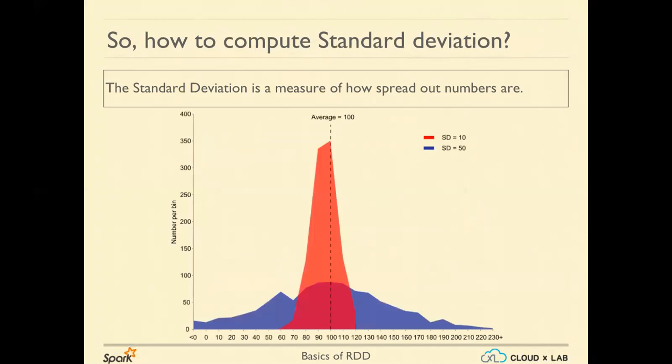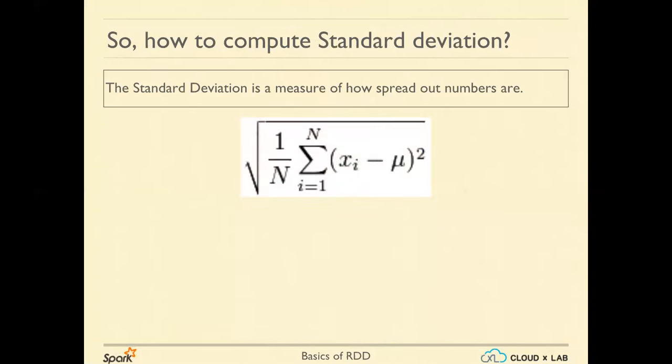A question from Robin is, which programming language did Spark use for standard deviation computation? They used Scala. The whole MLlib is written in Scala because Scala is the fastest choice of language. It's just slightly slower than C++, but it is faster than Java, and Java is faster than Python and other languages.